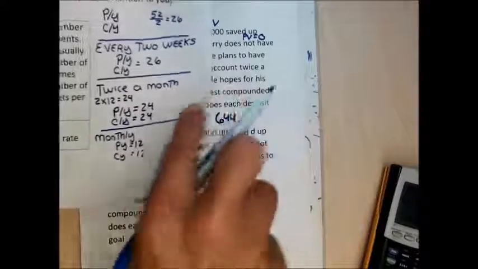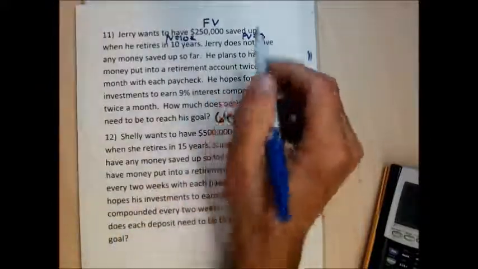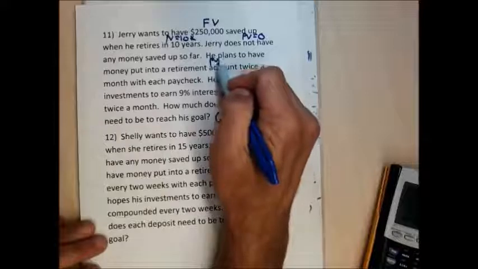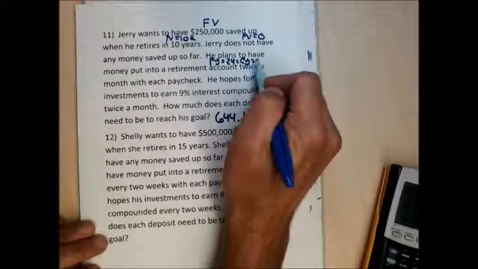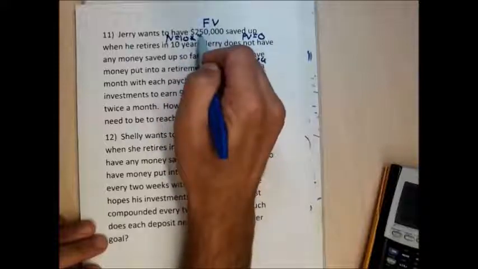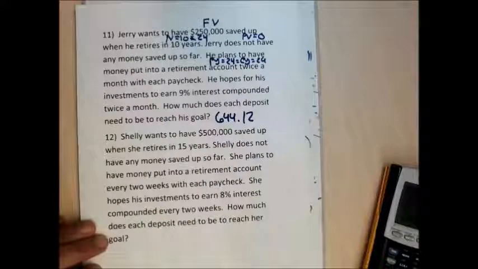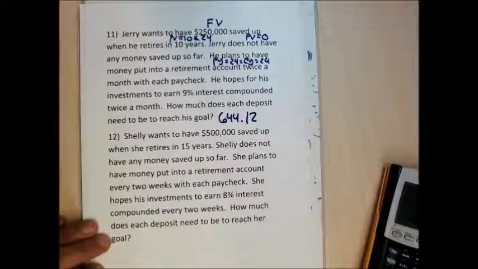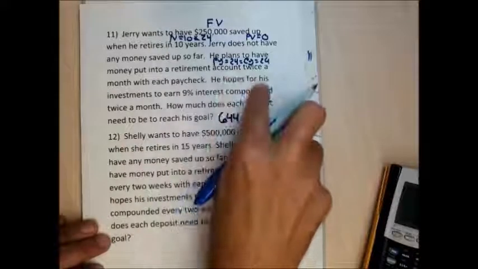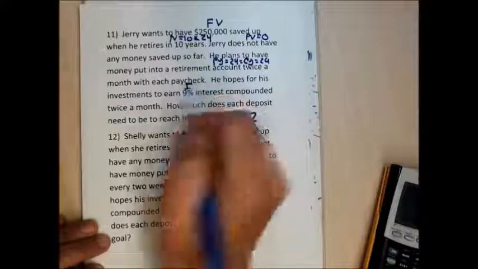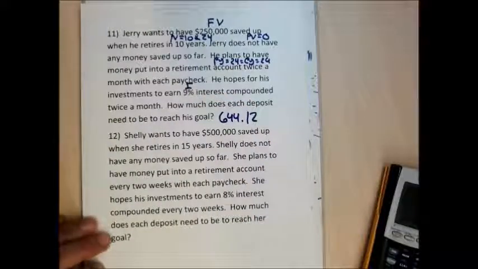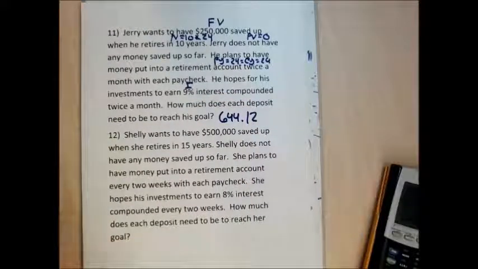The twice a month, the PY and the CY are 24. That tells me for the N, you have to multiply 10 times 24 and get 240. He hopes to have, for an interest rate of 9%, which is the I, and then you're going to solve for the payment. So it's exactly the same as what we've been doing.